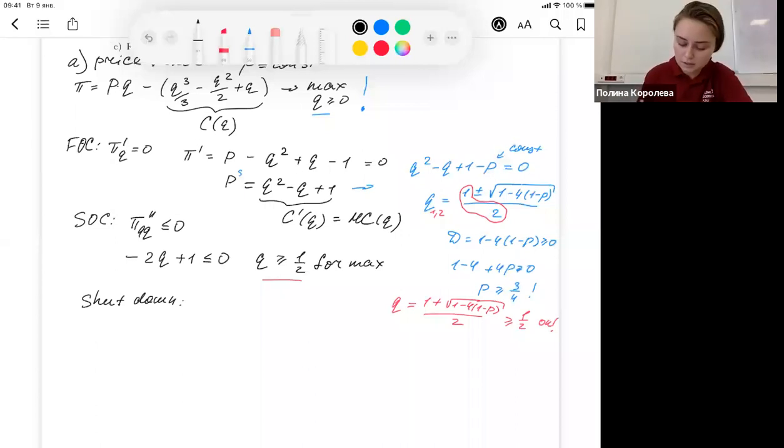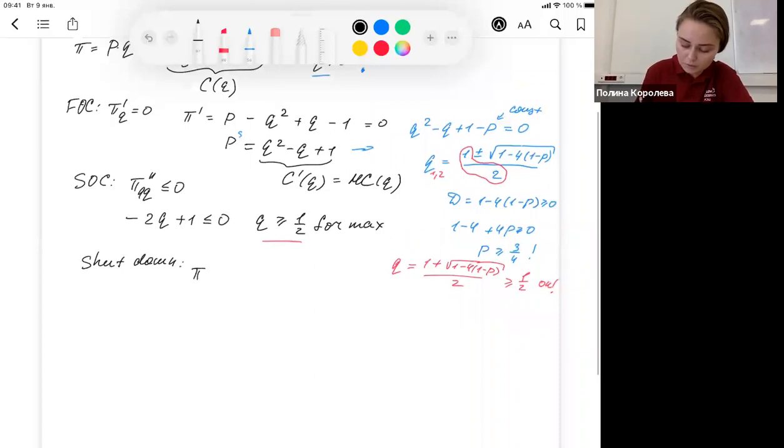That means that for producing something, our profit with optimal quantity should be greater or equal than profit if we do not produce anything. This is the shutdown condition. If this condition is not true, we will shut down. With this condition, we produce.